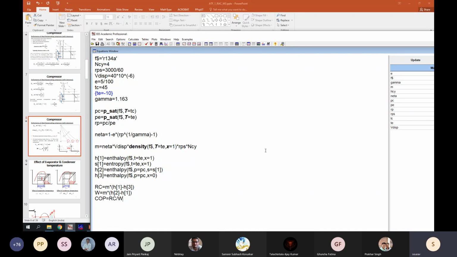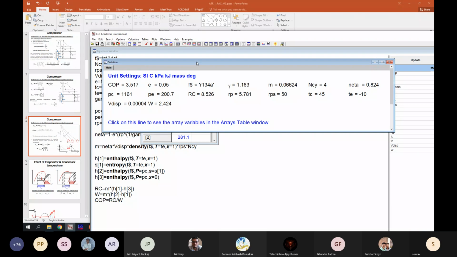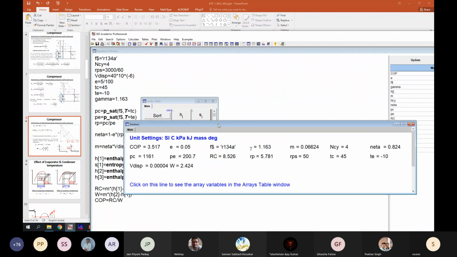Okay, so this has been created and then you can uncomment this. We'll get the refrigeration capacity for the evaporator temperature of -10. So this is just a point.